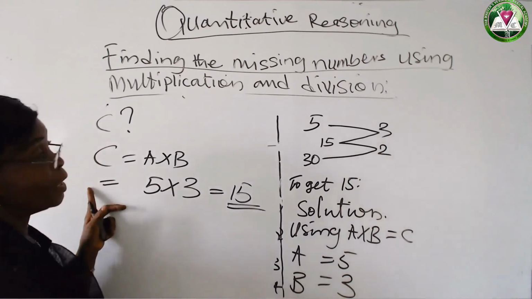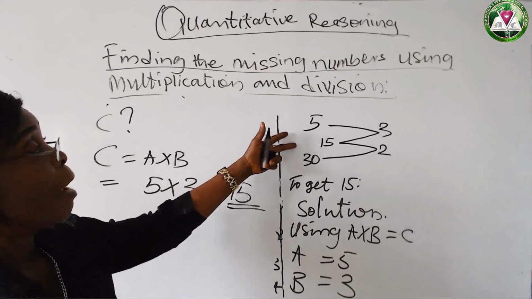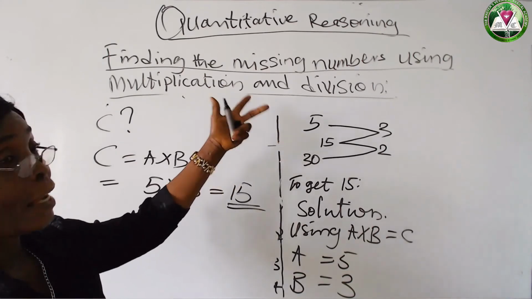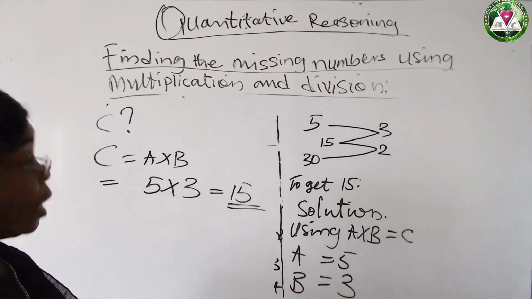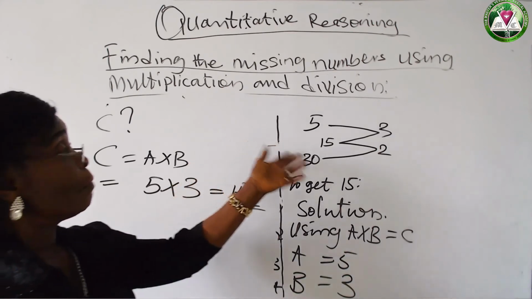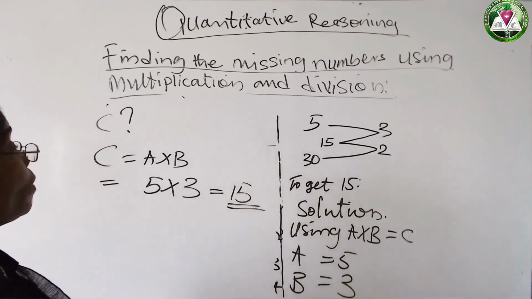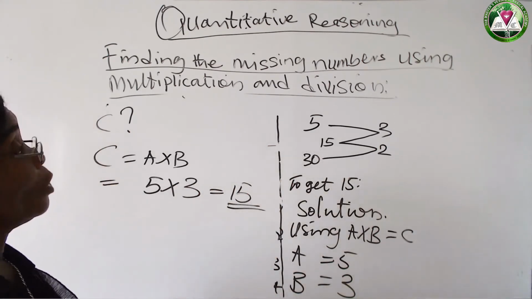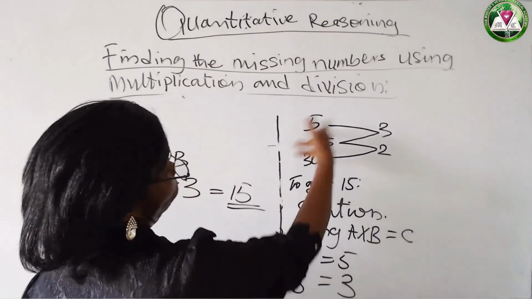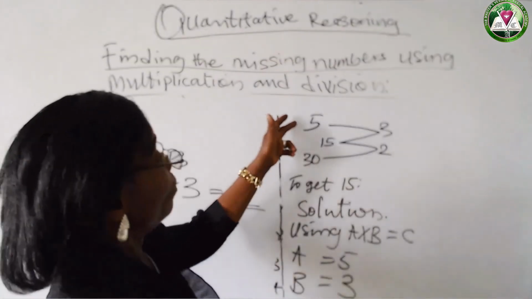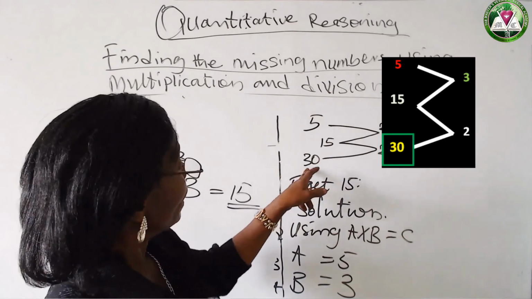So remember that we have gotten 15 by using A times B. After using the formula, we now use the formula to find A times B. And the answer is 15. Now let's look for this.